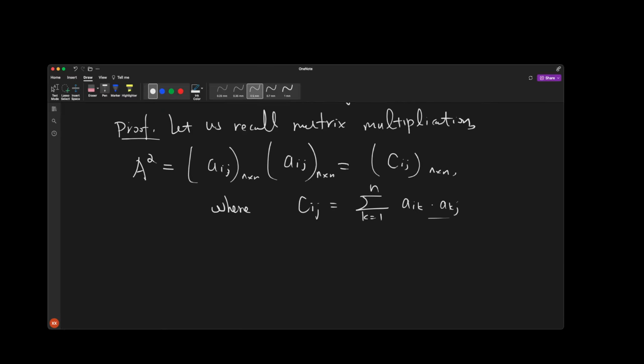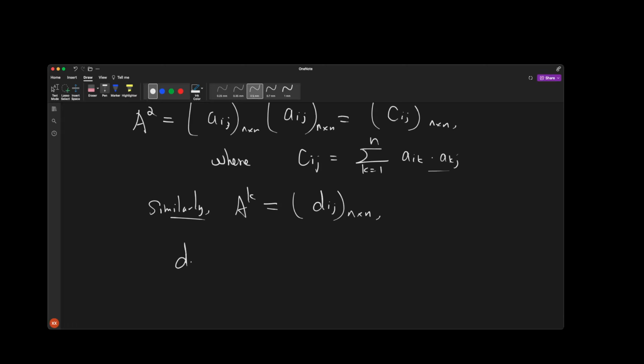Okay. So similarly, let's recall what is A to the power of k. It's something like Cij again. For example, I put Dij maybe. So the result is an n by n matrix again. And what is Dij? It should be a sum of many things. So you have to put i1, i2, up to ik minus 1. Because for A to the power of k, you actually make k minus 1 matrix products.